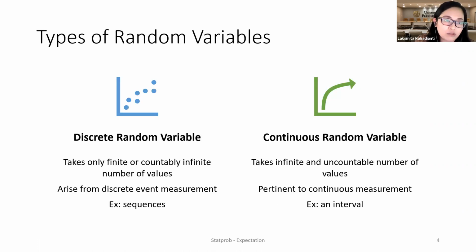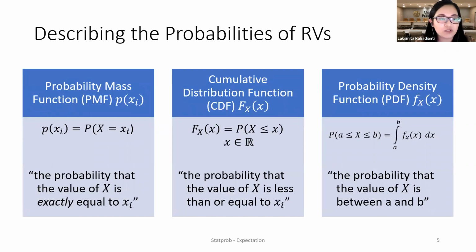We already looked at 2 different types of random variables, the discrete ones and the continuous ones, which, as their name suggests, talk about discrete values and continuous values. And we also know that we have these 3 friends. It's no longer typo, right? No, it's not typo anymore, which talk about the distribution of the probabilities of those random variables.